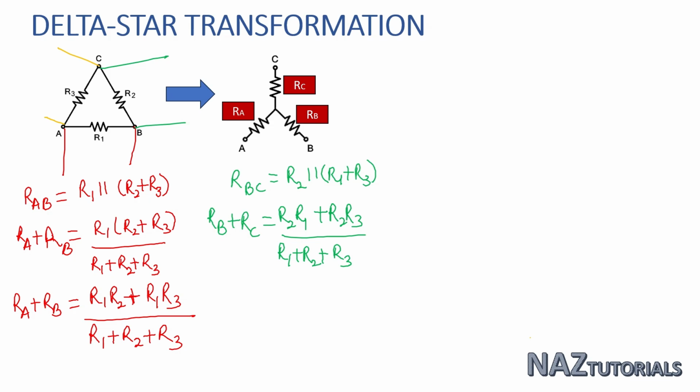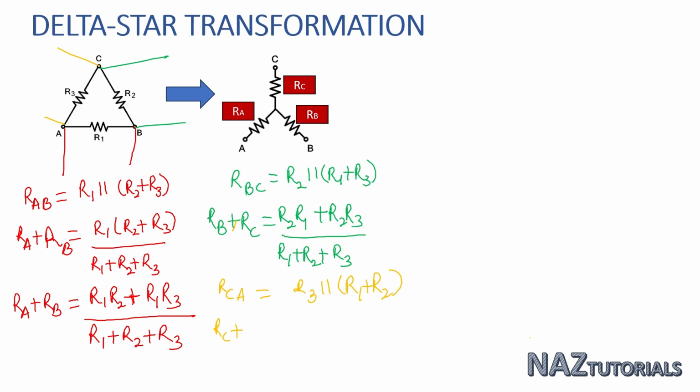So write the value of RCA. This RCA is R3 in parallel with R1 plus R2.